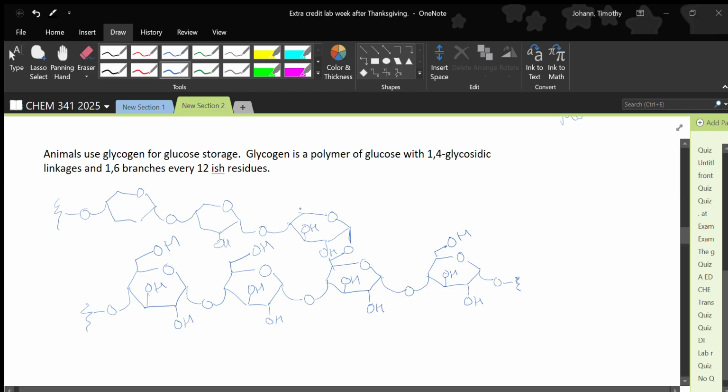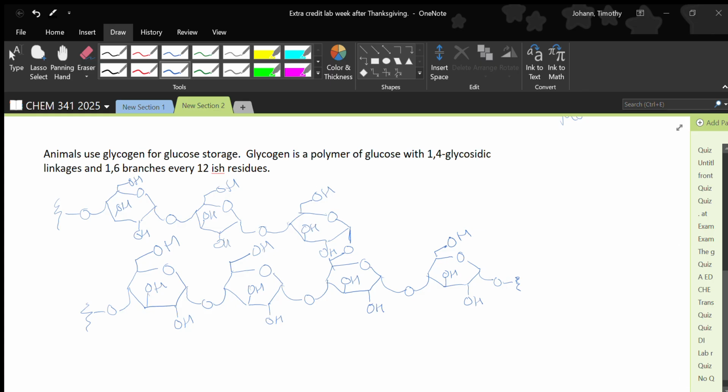And when I'm grading these, I would have it be like an 8-point problem or something. Did you make it out of glucose? Do you have the stereochemistry right for those? Do you have a 1,6 branch? Do you have the 1,4 linkages? Did you get the linkages correctly?